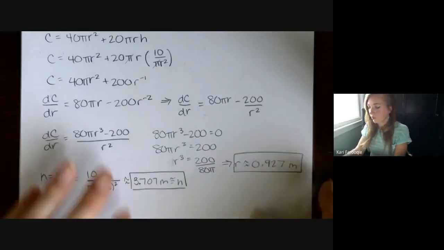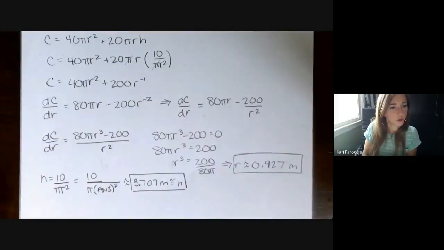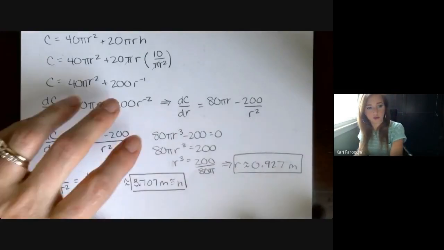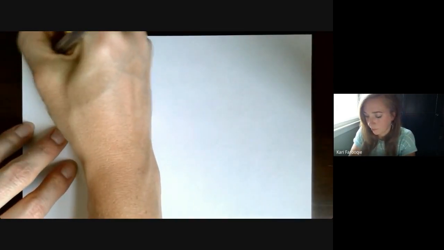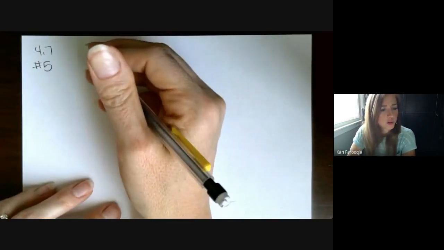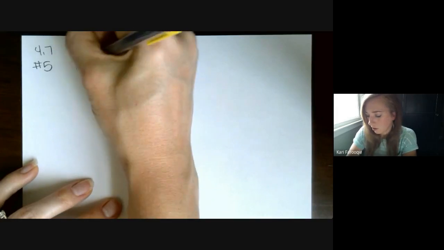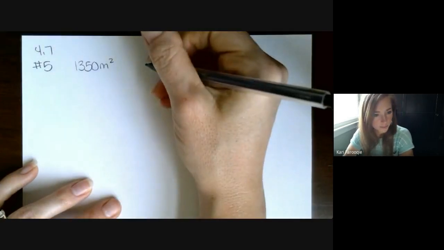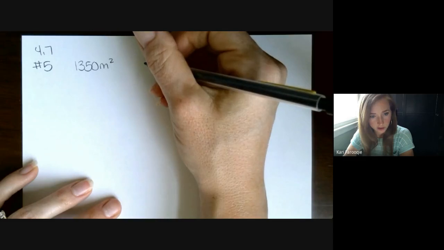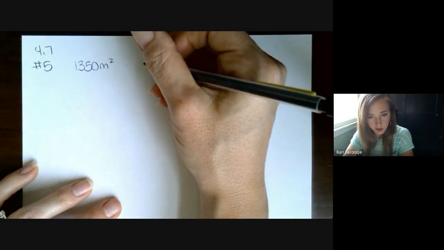Okay. Let's see. So you did number 4 and you felt comfortable with it. Yeah. Okay, so number 5, you're given different pieces of information. This one says, a realtor wishes to enclose 1350 meters squared of land in a rectangular plot and divide it into 2 plots with a fence parallel to one of the sides.